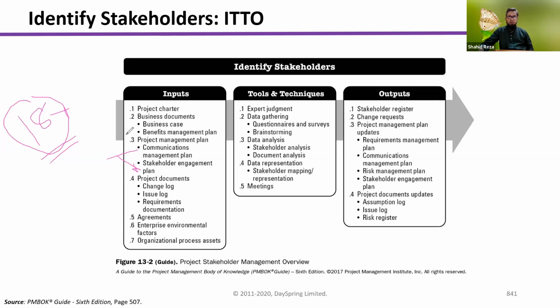So those planning documents we are taking as input. After the change request, in the next iteration, maybe you can update the planning documents. After doing this process, maybe we need to update those documents, so I mentioned it here in the update section, plan updates. And another thing is project document updates. Other than the planning documents, the rest of the documents are named project documents.